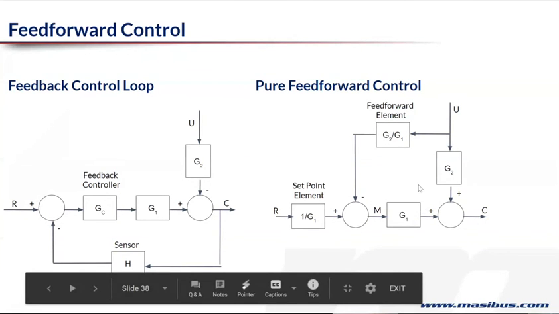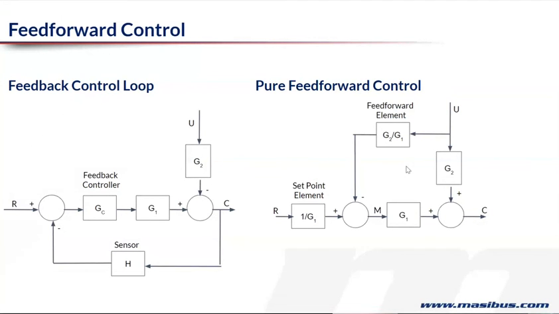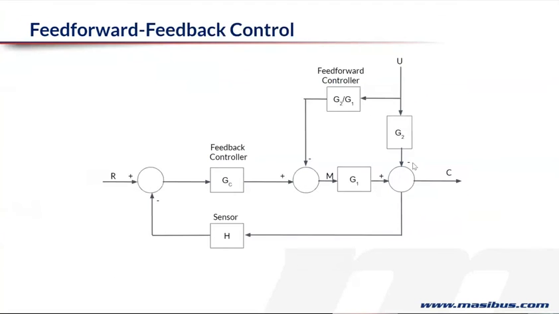Only then it will work properly, because if you are not able to set that equation properly, then there is a chance some offset will come between the set point and this. So normally nobody uses a pure feed forward control. We always use a combination of feed forward and feedback.